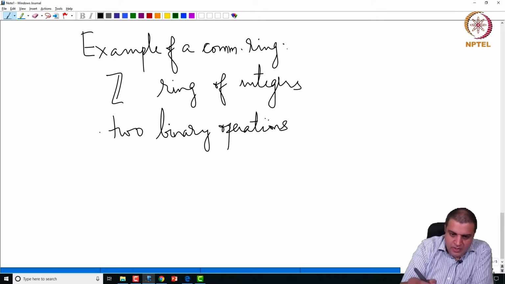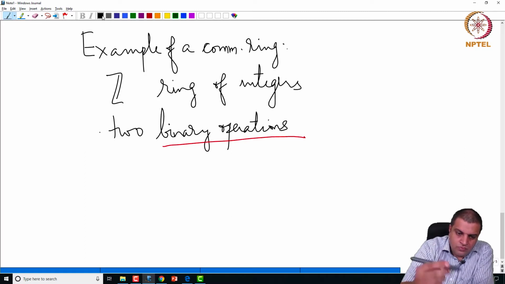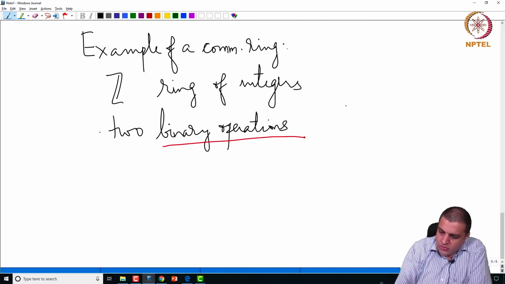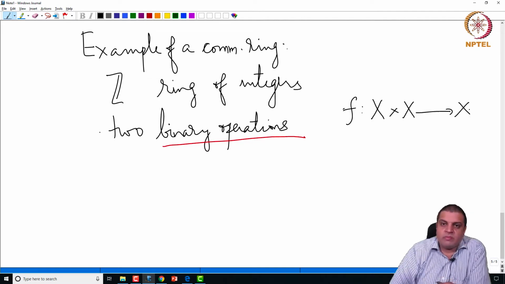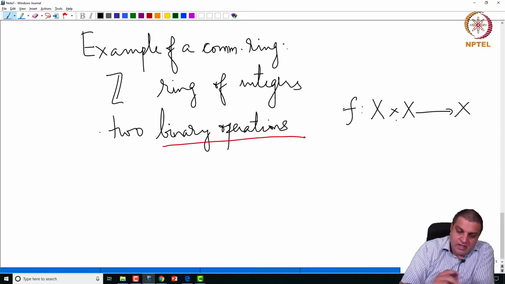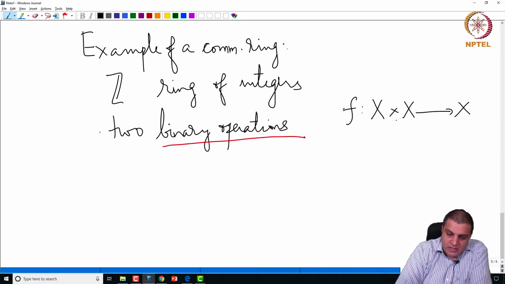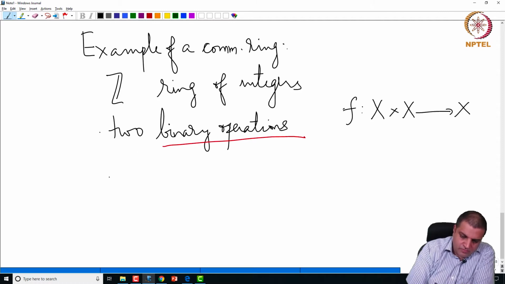So what is a binary operation? This is a function f from the Cartesian product of a set X with itself to X. Such a thing is called a binary operation, and Z has two binary operations that are of interest to us.